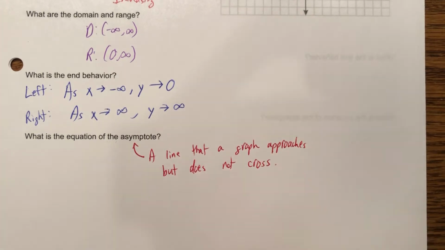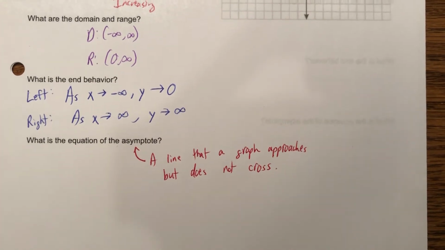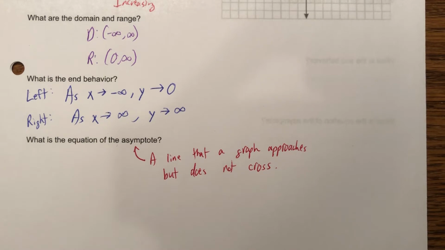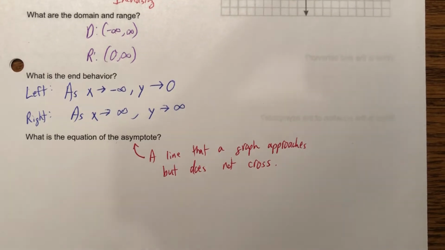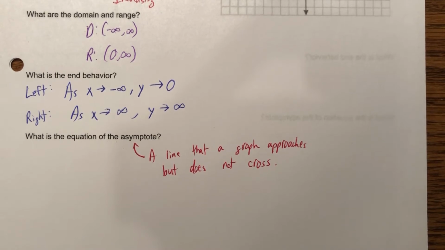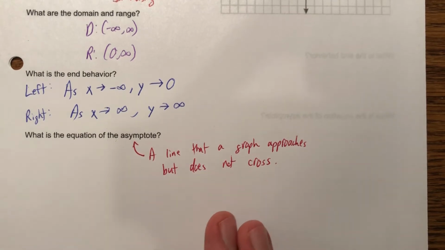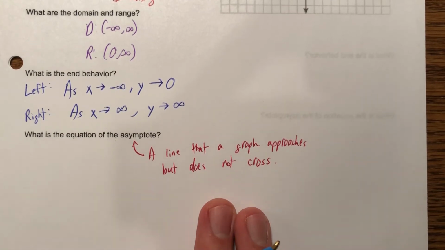Okay, so later on when you become a professional mathematician, you're going to realize how wrong that definition is because there are some asymptotes that actually do cross, and we can kind of pick apart the specifics of the definition. However, for the sake of this lesson, this is a very good functional definition. So we're going to approach a line but not cross it.